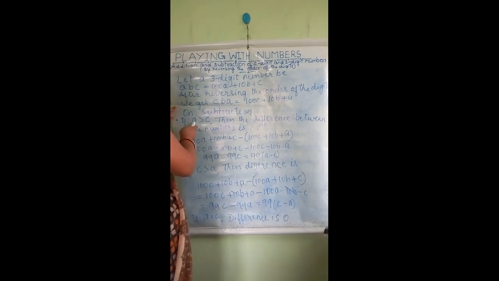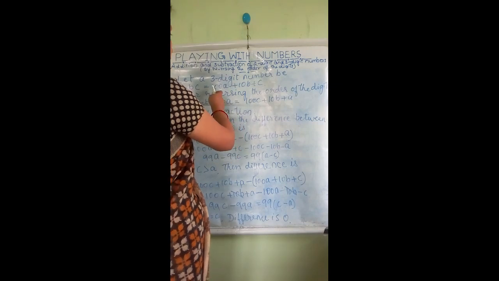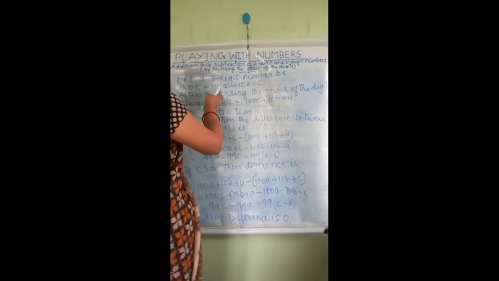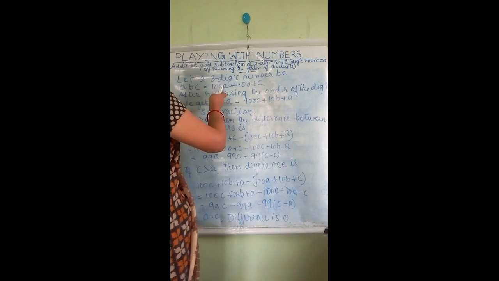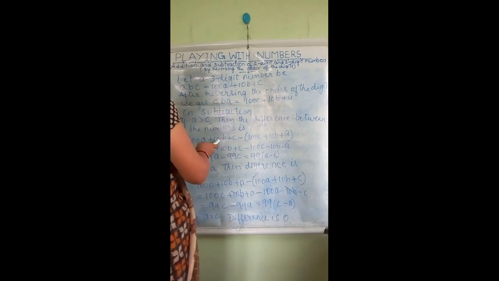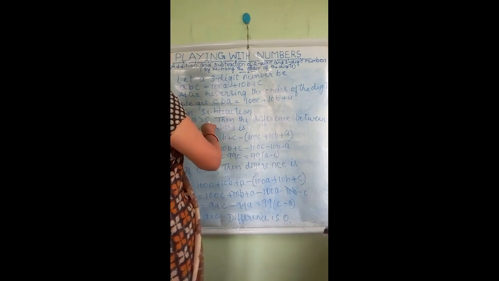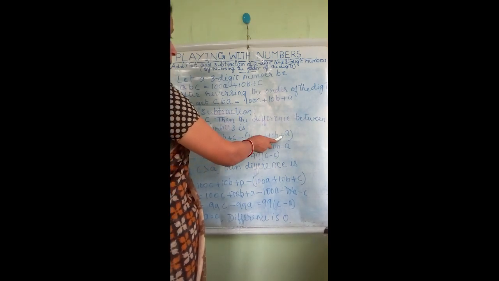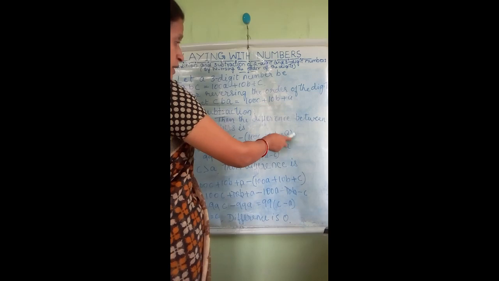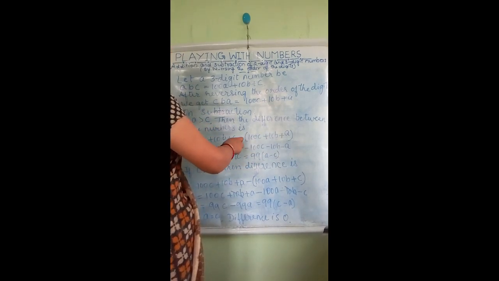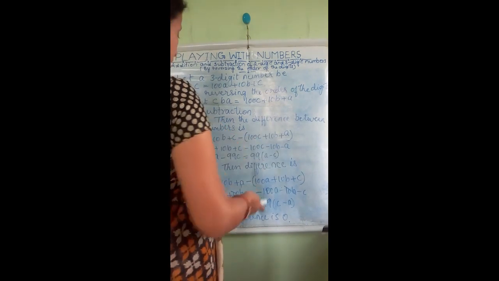Because A is greater than C. So the number with A first you have to write first: 100A plus 10B plus C, and subtract 100C plus 10B plus A. Write that inside a bracket, put a negative sign outside the bracket, and remove the bracket afterwards.